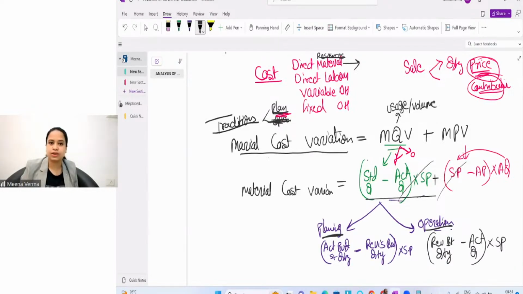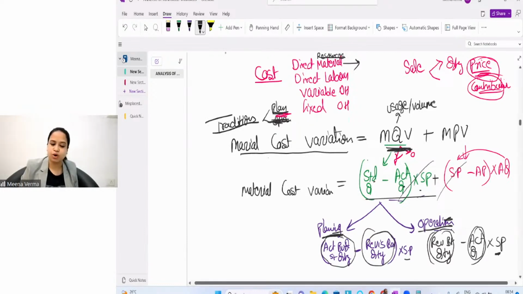The same formula: standard quantity minus actual quantity into standard price was your quantity variation. Now the quantity variation is further divided into planning variation and operational variation. So for planning variation, actual budgeted quantity minus revised budgeted quantity into standard price, and for operational variation, revised budgeted quantity minus actual quantity into standard price.